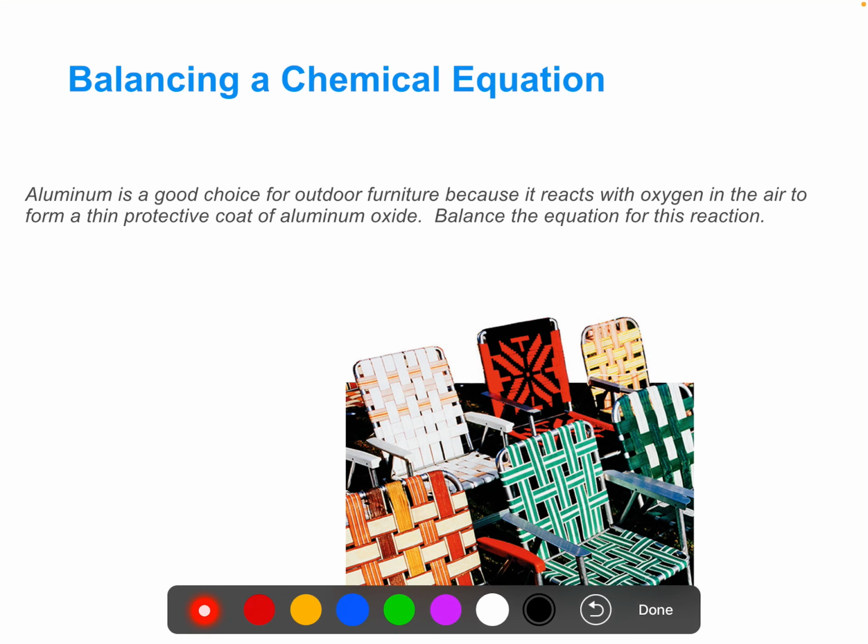On this one, you have aluminum reacting with oxygen to form a protective coat of aluminum oxide. Aluminum has a +3 charge, oxygen has a -2 charge, so you got to do one of those numbers. Alright, so start with the metals.